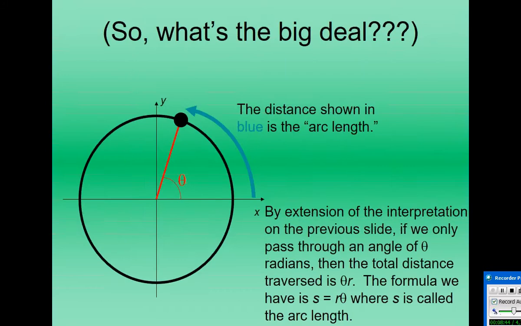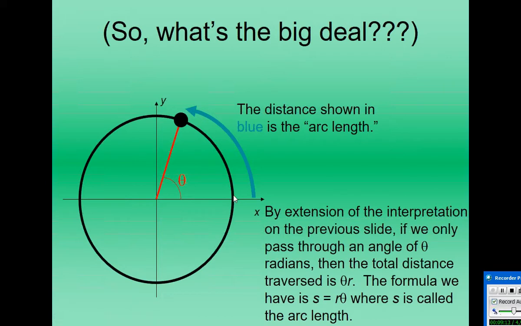What's so special? The answer is it allows us to very quickly calculate arc length. Arc length is the distance along the circular path traveled by the object relative to where the positive x-axis intersects the circular path.